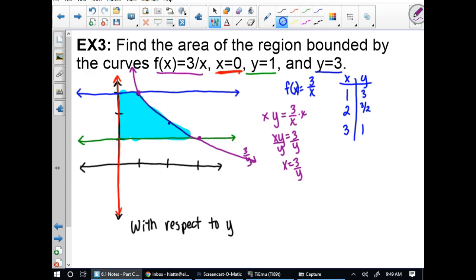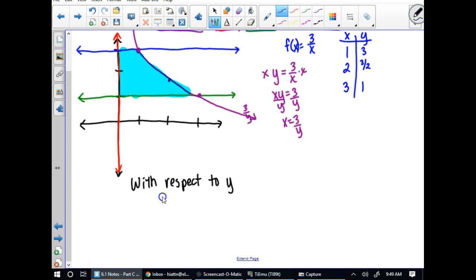And this right here, I really don't need a special function for because it's just 0. It's already in terms of X or Y, whatever you want it to be in, because it's just a number. So I guess it's Y because it's the Y-axis there. We are going to integrate 3 over Y minus, the purple line is 3 over Y. What's the red line? 0.